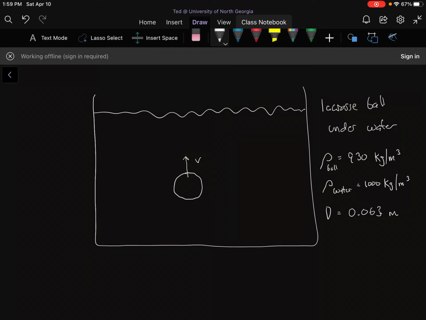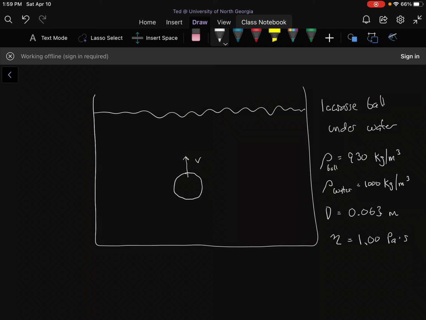That is, it's going to reach a speed where it just keeps going at constant speed. And I want to find out what that speed is. So one other thing I need is the viscosity of water. And water has a viscosity very close to 1.